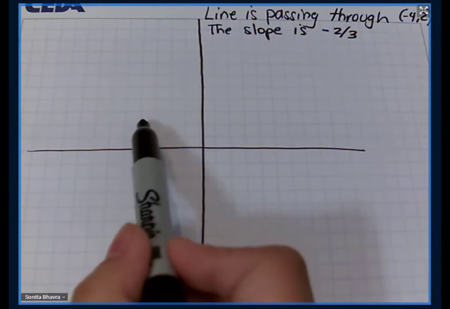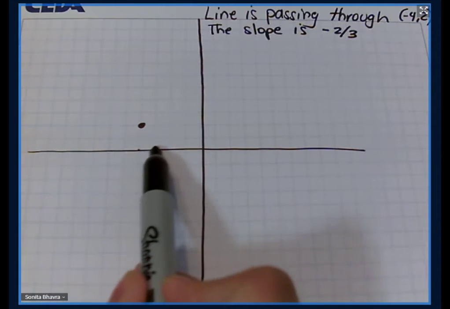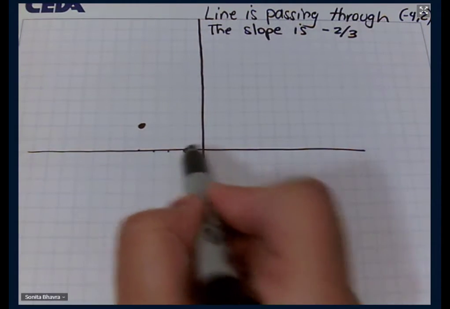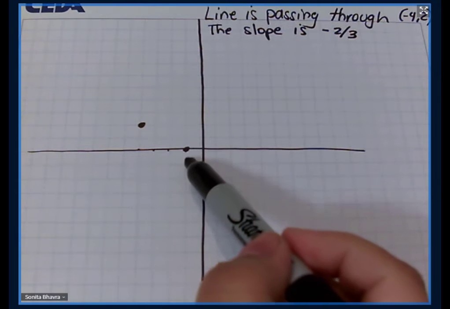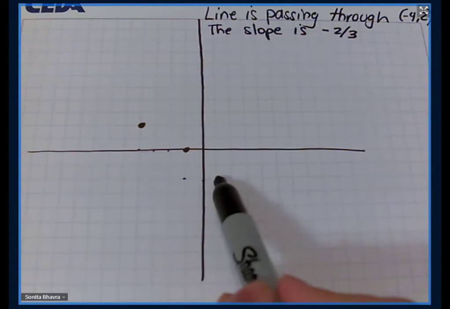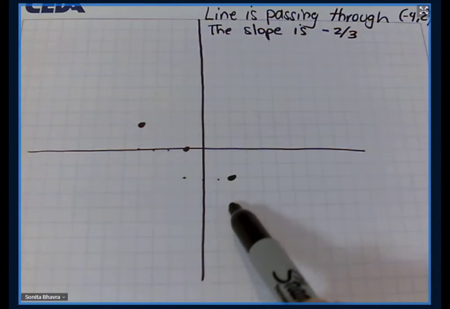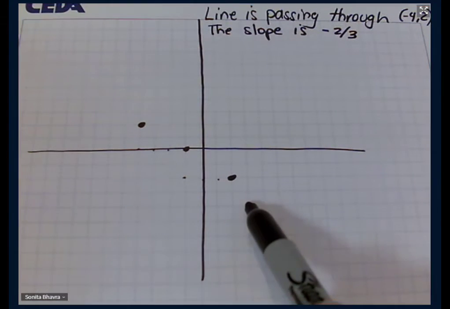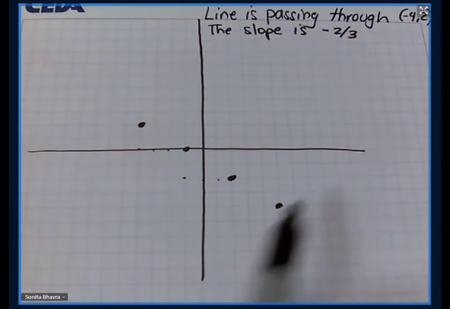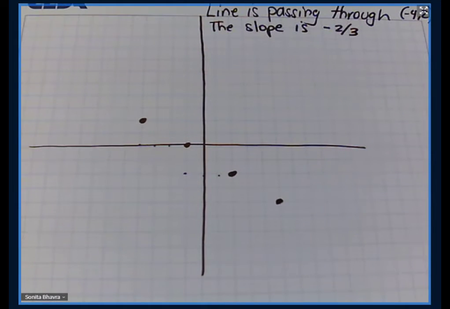So we would go down 2 over 3. There you get another point. You go down 2 over 3 again and get another point. You can keep doing this, down 2 over 3, 1, 2, 3, and you have enough points to get your line segment.